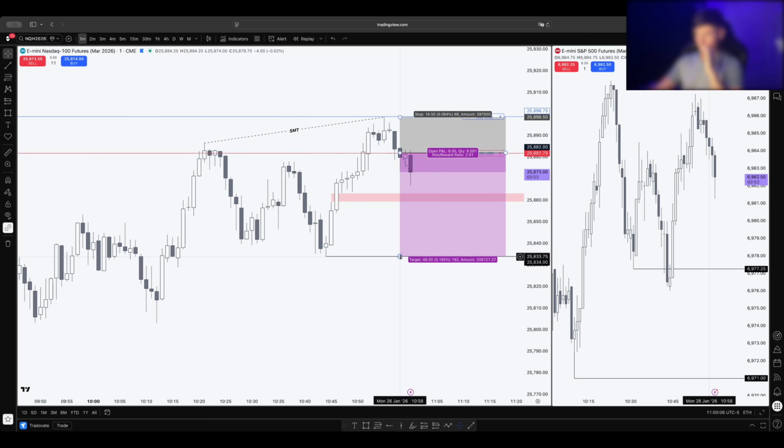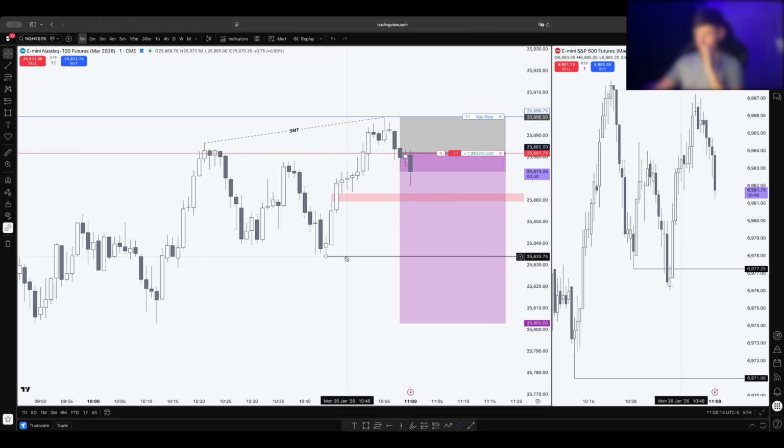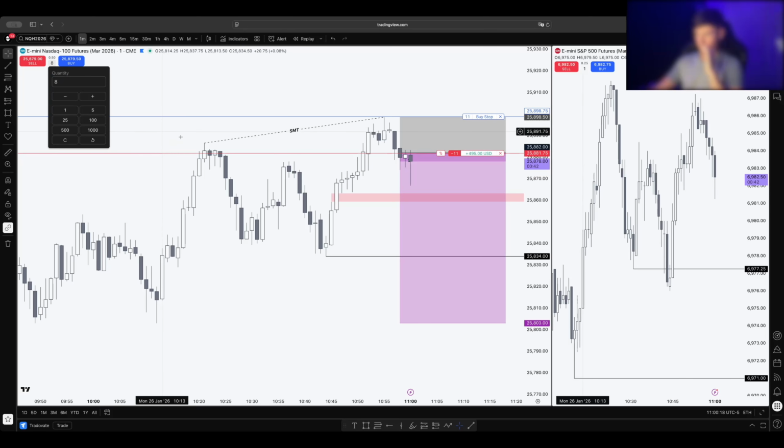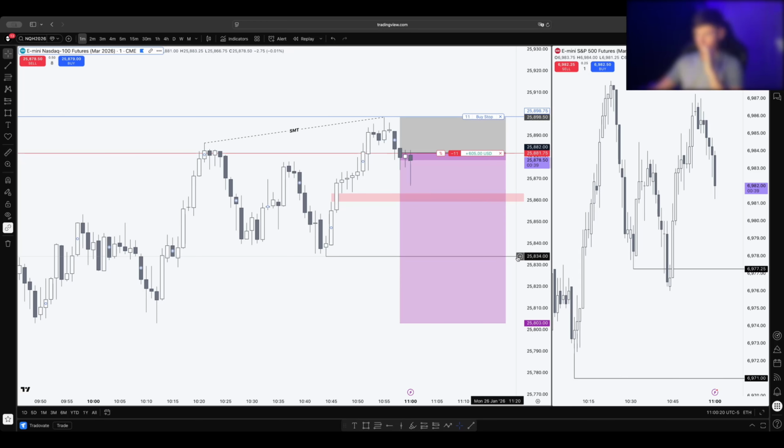Okay, wow. Big displacements to the downside here. So I'm going to take TP1 at 834. I'm going to close around 8 there.